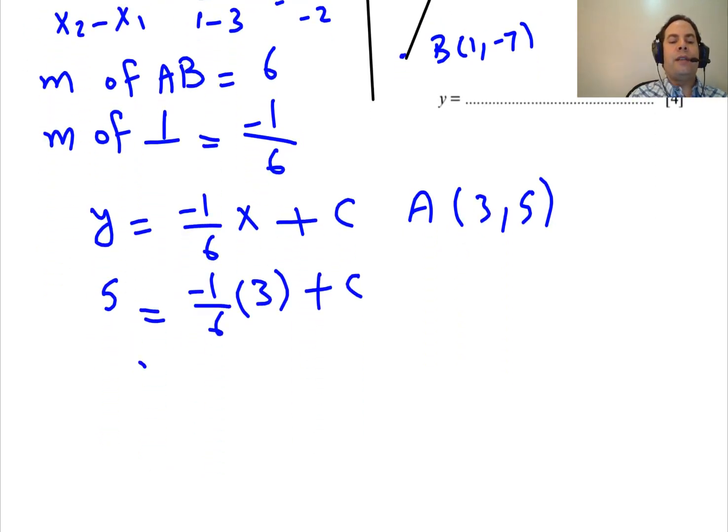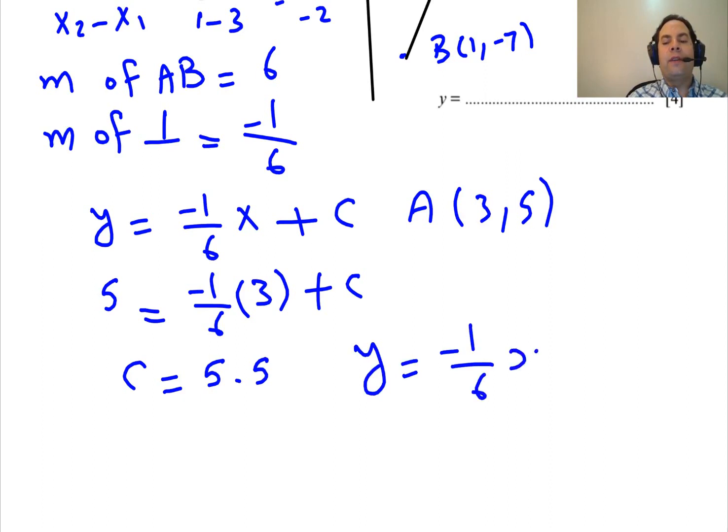So c is equal to 5 plus a half, which is 5.5, or you can write it as a fraction, 11 over 2. So the final answer: y is equal to -1 over 6 x plus 11 over 2, or you can keep it as 5.5.